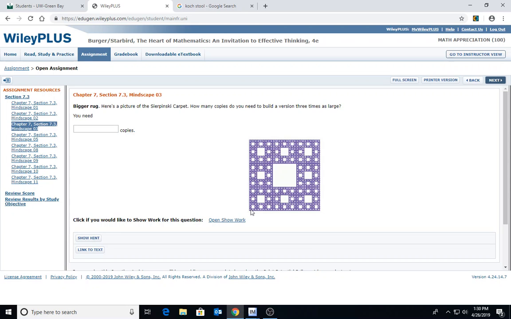So this little corner is 1/3 the length of the whole thing. You see there's 3 white squares in it, and there's 9 white squares in the whole length. Well, you need to take this and make 8 copies of it and paste them together. So you have 1, 2, 3, 4, 5, 6, 7, 8. So you need 8 copies.